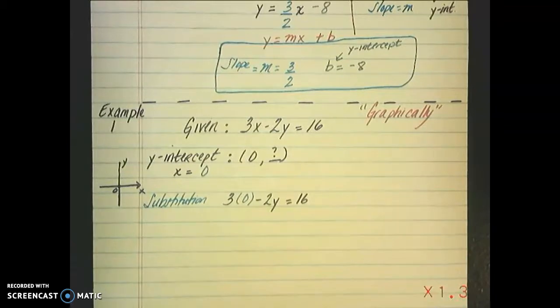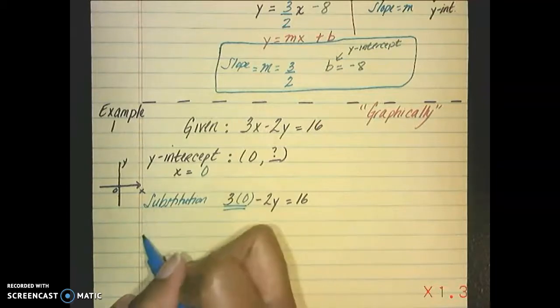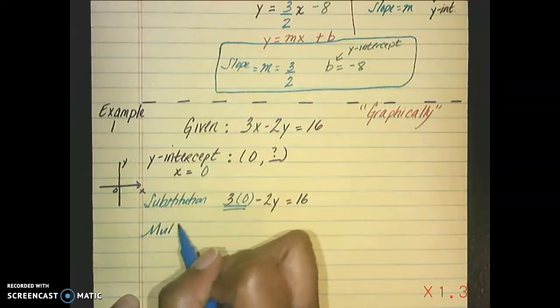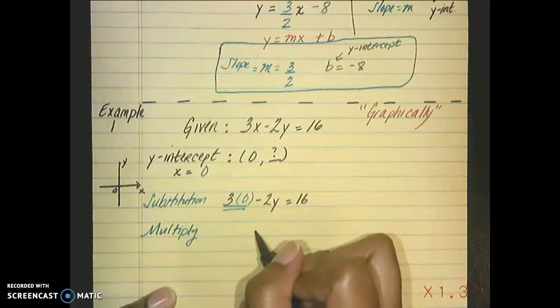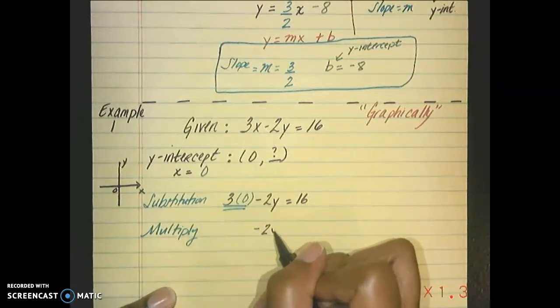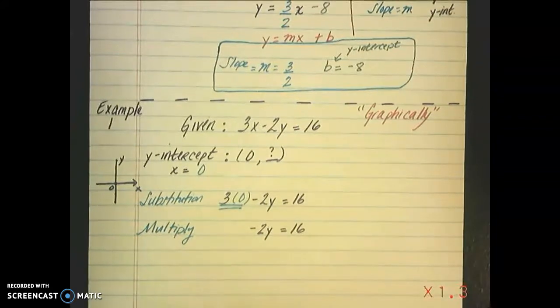Now the first thing you want to do to get rid of this, and I know you know it, is that anything times 0 is 0. So I'm going to have a 0 there, so it's gone. We don't even need to write that down. It's going to be a minus 2y left, and that's going to equal 16. And so what happens then is that I need a 1 here, just like I needed before.